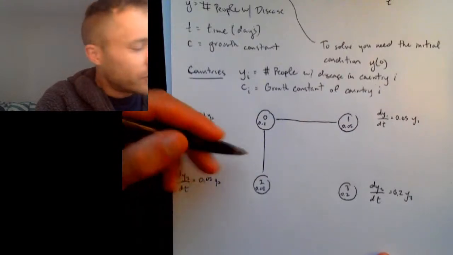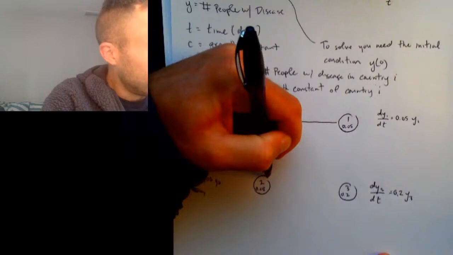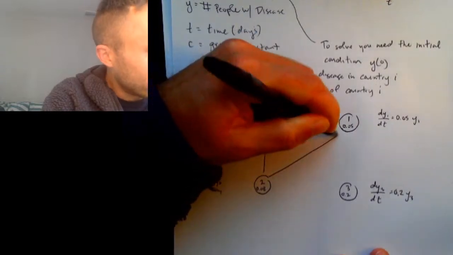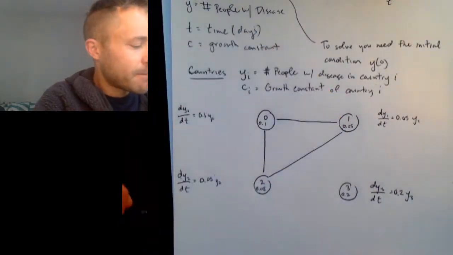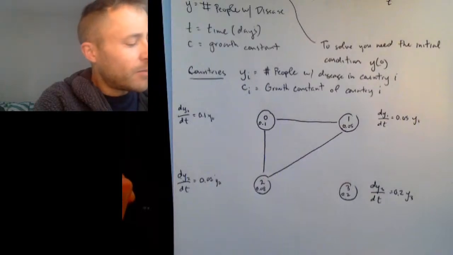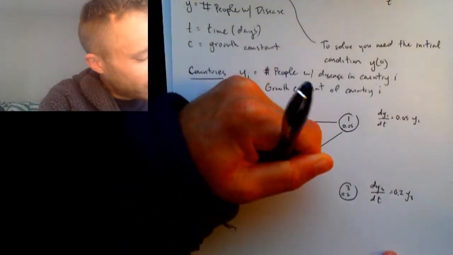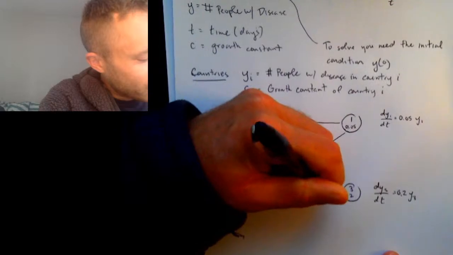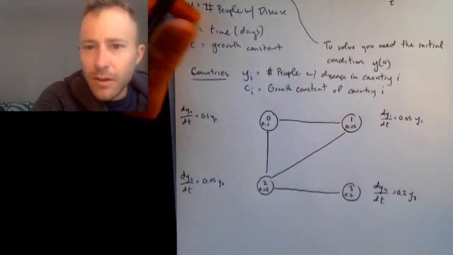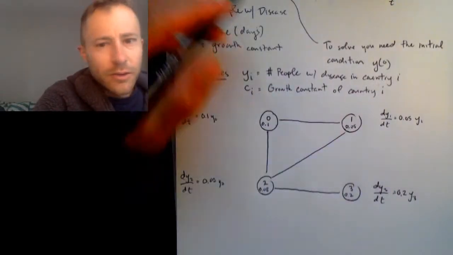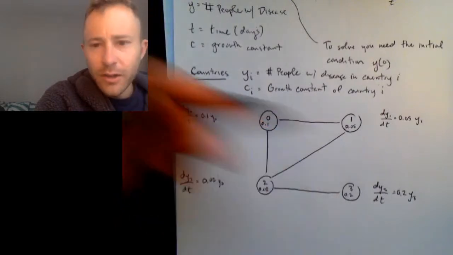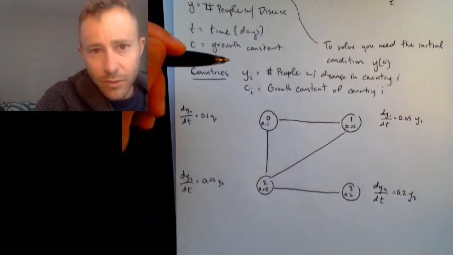All right, we're going to say that country 2 is connected to country 1. We're going to say that country 2 is connected to country 3.